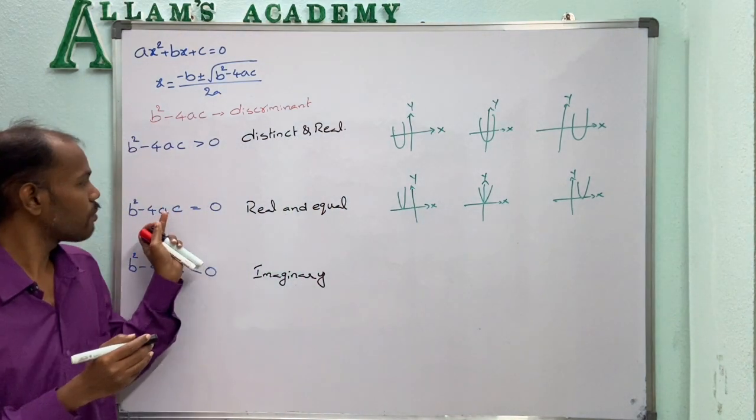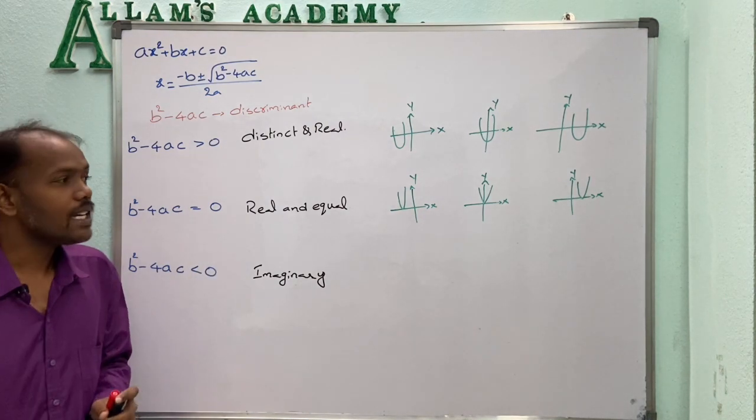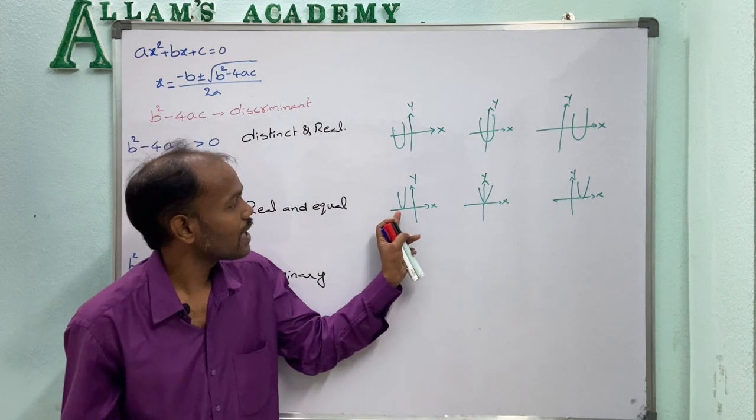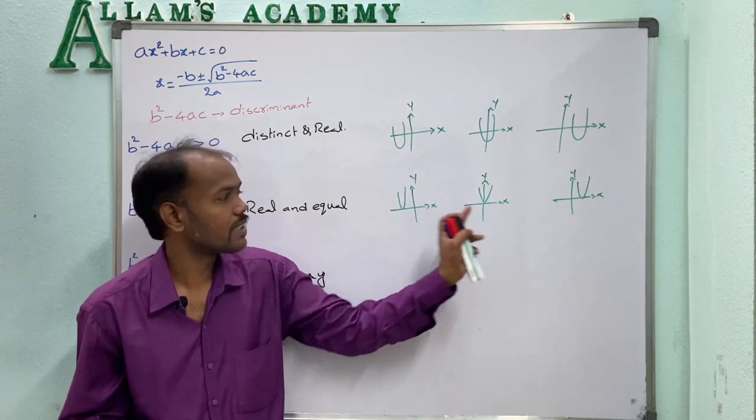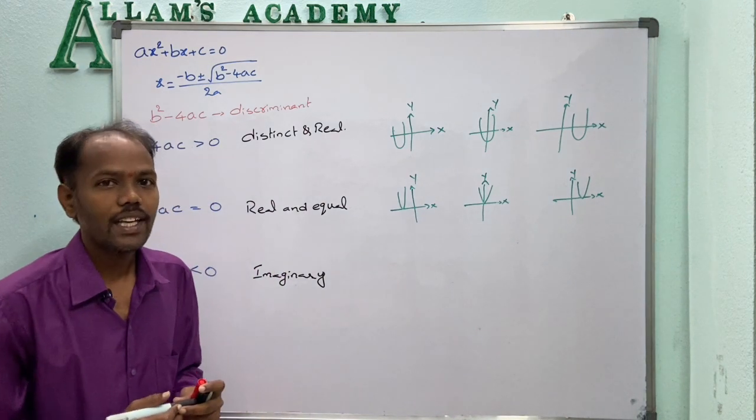So b square minus 4ac equal to 0 means it has only a single root. That is why the graph touches the x-axis at 1 point. So it has only one root.